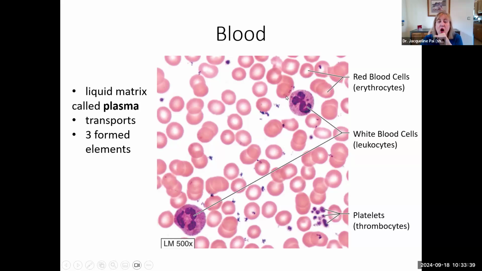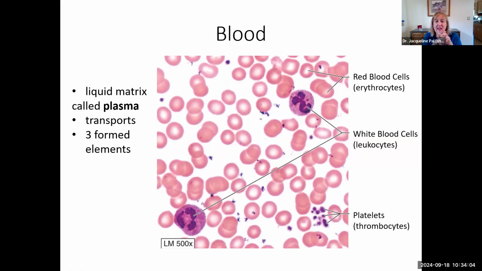Then we have these larger cells with funny looking nuclei, and these are your white blood cells or your leukocytes. And then we have these smaller things, of which there are bunches of them, which aren't cells, they're cell fragments. And these are your platelets.